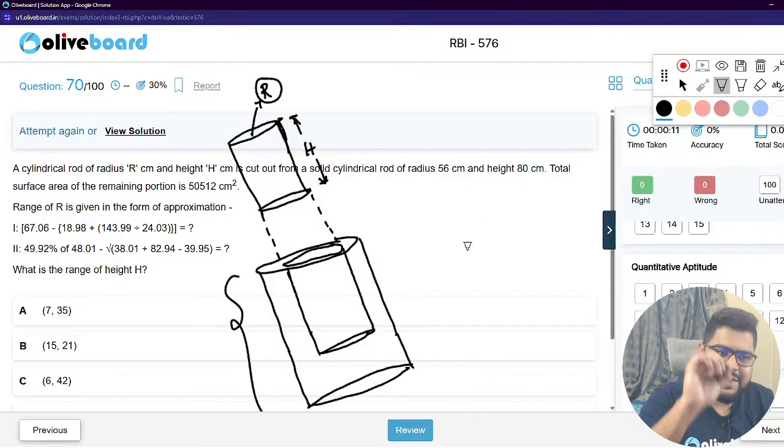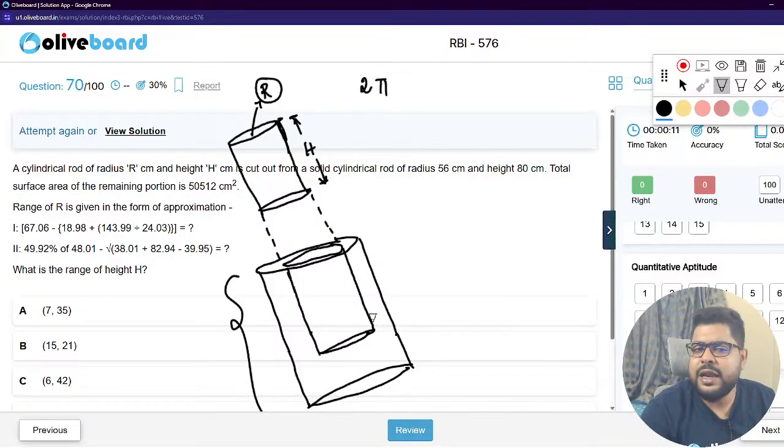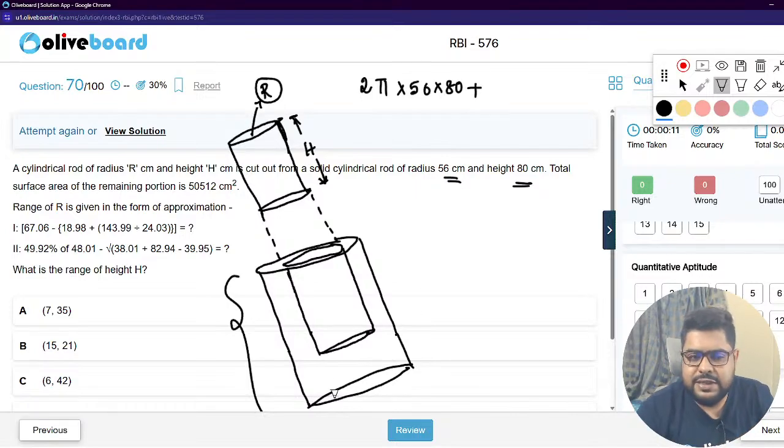You see, please understand. The outer surface of the bigger figure, you will say 2 into pi into RH, R is 56 and 80, H. So into 56 into 80, plus this lower surface, that is pi r square, pi into 56 square.